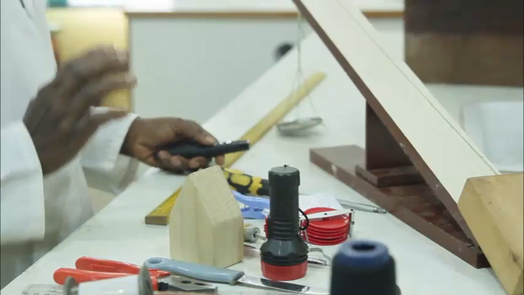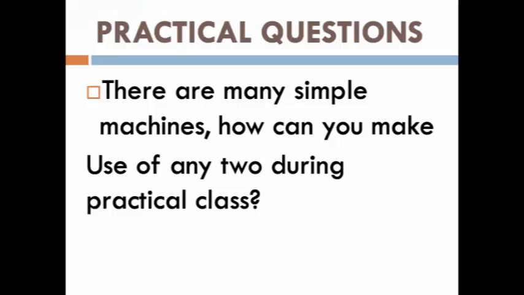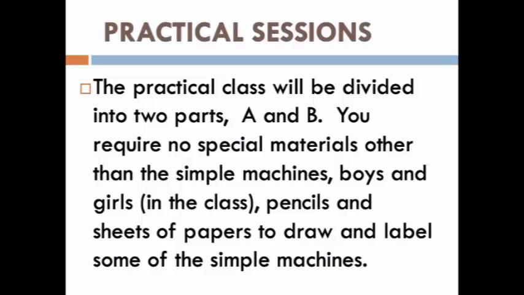So, practical question now. There are many simple machines. How can you make use of two during practical class? So, you prepare how to make use of those two. Then, in the next class, we will divide ourselves into groups, so make sure you come with your pencil and your drawing paper.